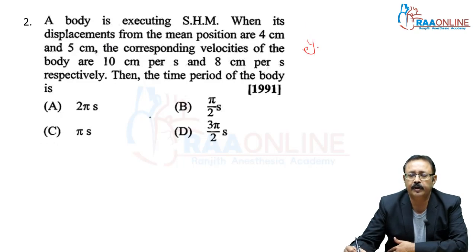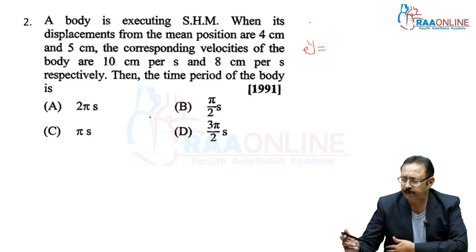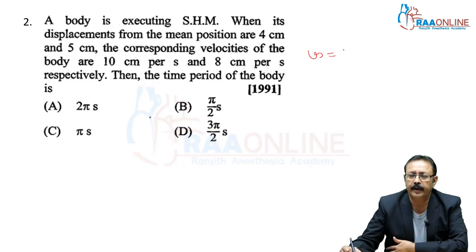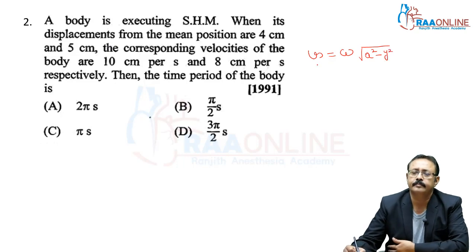What is the equation of velocity in simple harmonic motion? We saw that velocity was omega under root a square minus y square. What things are given?